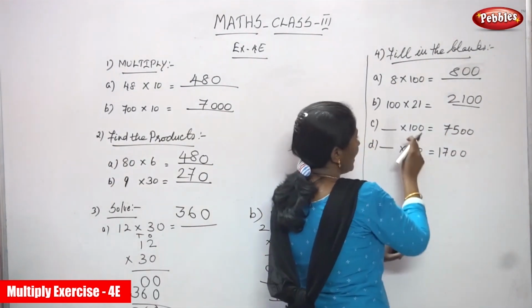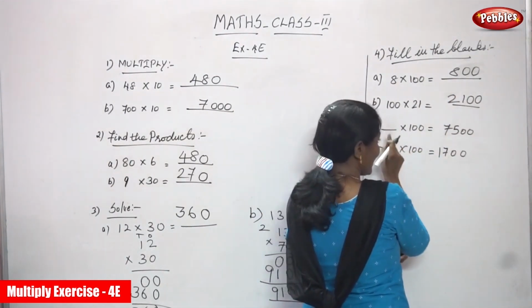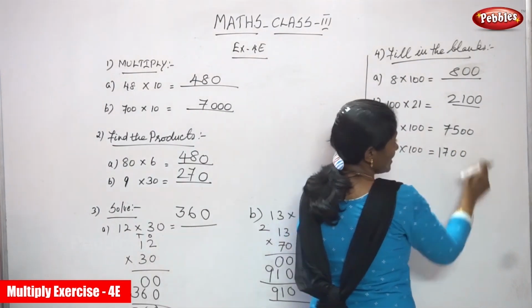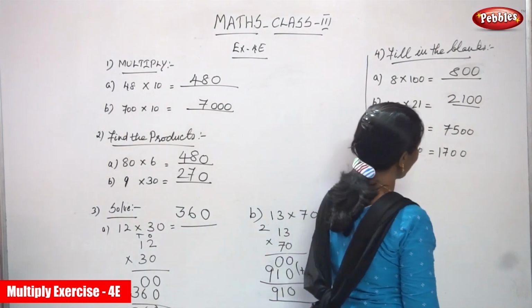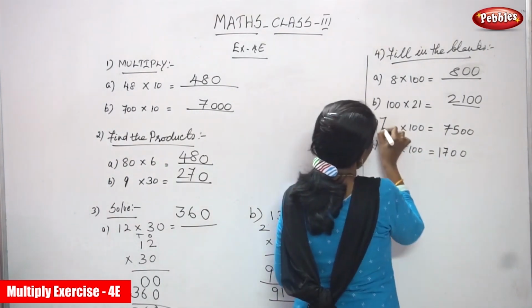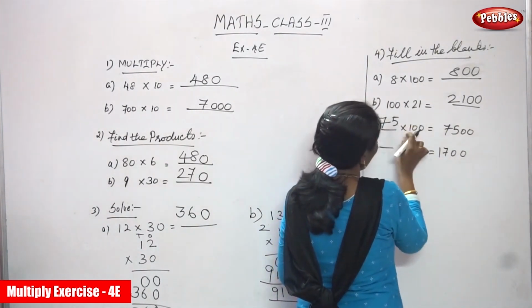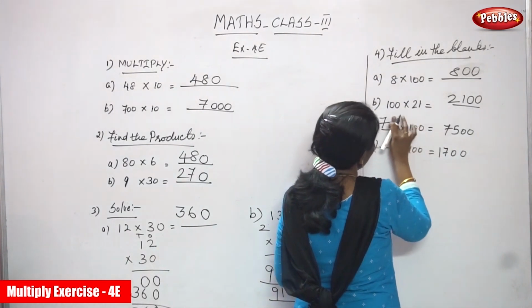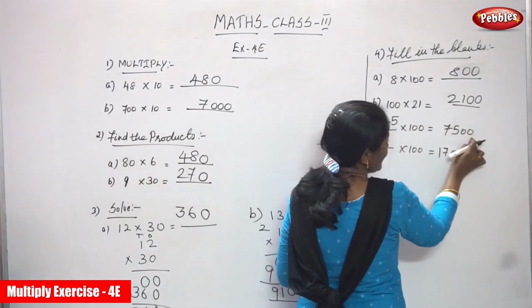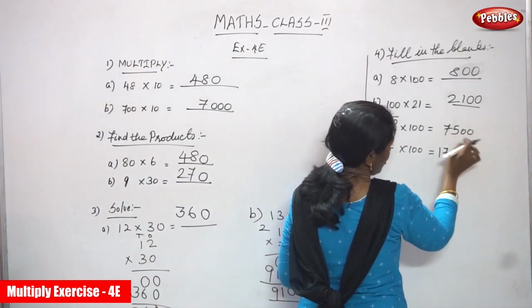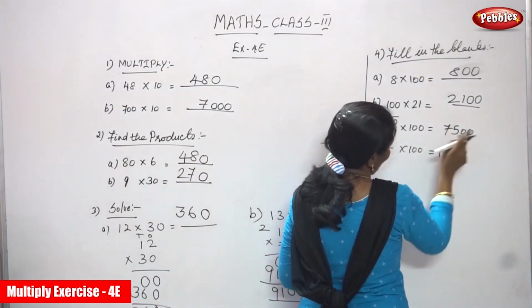Next, blank into 100, and the answer is 7500. So you have to write 75 here. 75 into 100. I am going to multiply 75 by 100, and you get this answer 7500.